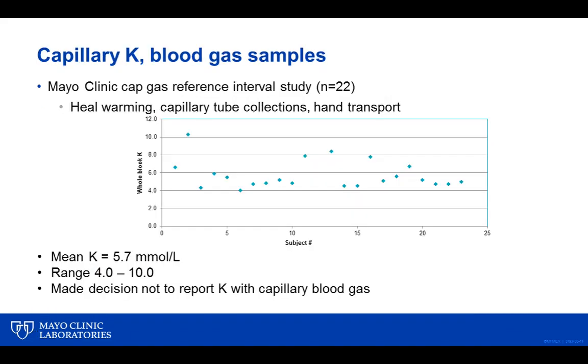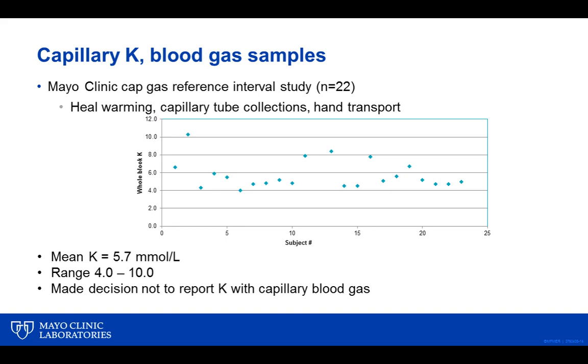And finally, the last thing on this potassium issue, it's sort of a pet peeve or passion of mine, you could say. We do offer arterialized blood gas samples for infants at birth, but we don't report the potassium. This was our attempt to validate potassium in an arterialized capillary heel stick sample where we collect it in a capillary blood gas tube and run it on a blood gas analyzer.